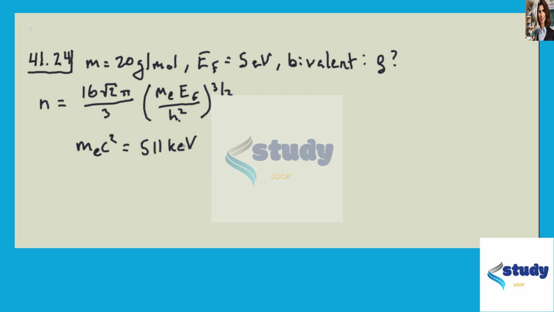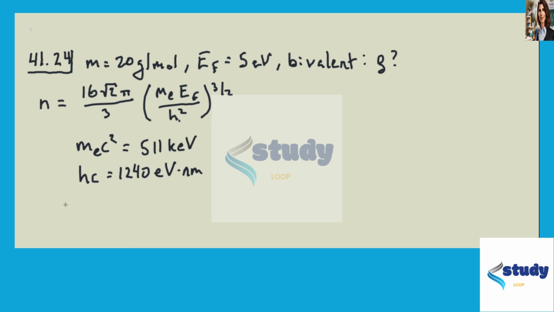My research doesn't have anything to do with atomic or solid state physics, and I remember these numbers. Anyway, so the sort of mass energy of an electron is 511 kilo electron volts, and Planck's constant times the speed of light is 1,240, I believe, electron volt nanometers.